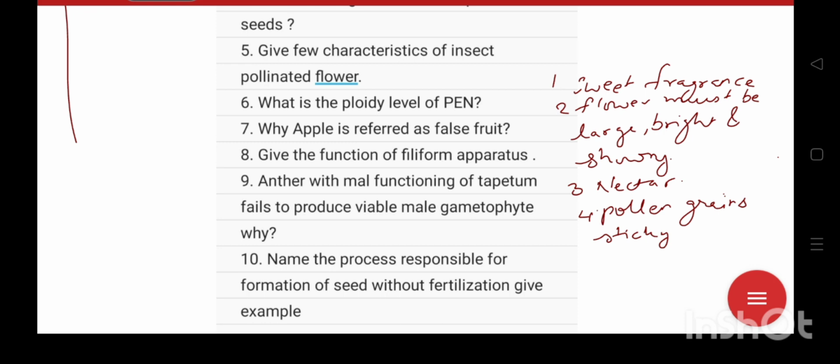Next question is, what is the ploidy level of PEN? Ploidy level of PEN is 3N, that is triploid. Why is PEN triploid? Because it is formed by the triple fusion.